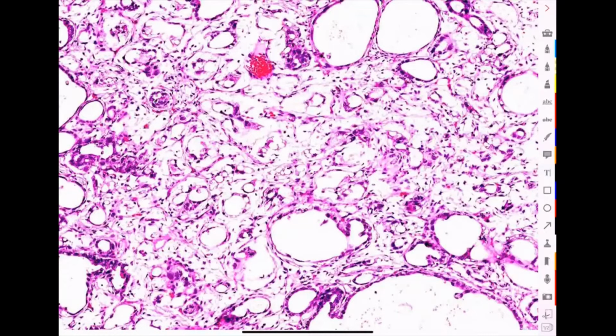I didn't see the polygonal cells which are normally present in the yolk-sac. I didn't see other components. And then I say my immunohistochemistry, then I will do, of course, my cytokeratin, my calretinin, to confirm my diagnosis. And I can also include the yolk-sac markers, SALL4 or alpha-fetoprotein or whatever you want to include.